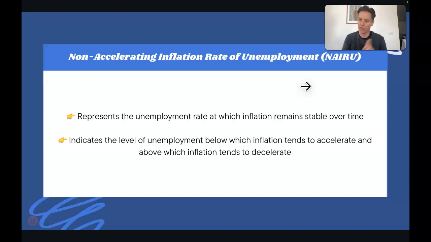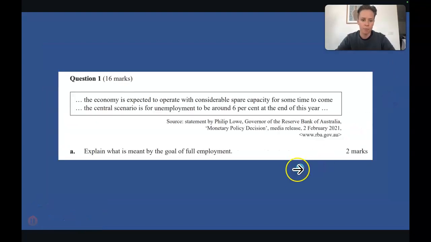Second of all, if that were to happen, we're going to have some very unintended consequences happening in other areas of our economy, particularly in relation to inflation. So we want to have an unemployment rate that doesn't cause inflation to go too high and doesn't cause inflation to go too low. And we'll cover off the link between unemployment and inflation when we look at the goal of price stability in the next video. Okay, but for now, make sure you know this definition.